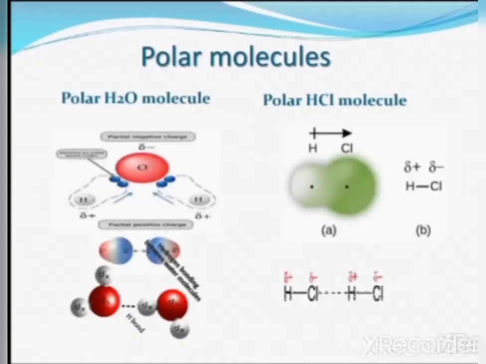Before going into further detail of intermolecular forces, first let us see what polar molecules are and how polar bonds are formed. When two different atoms share an electron pair, both atoms exert different force on the shared electron pair. The more electronegative atom pulls the shared electron pair with a greater force than the other.